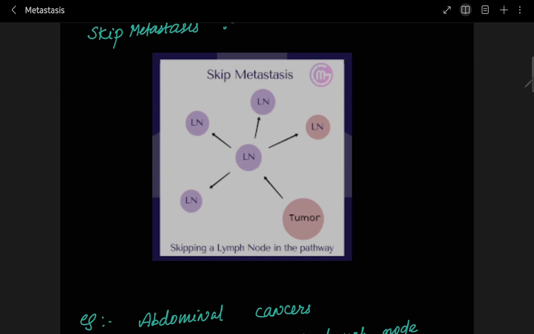So this is the first lymph node that is receiving the flow from the primary tumor. This will be termed as a sentinel lymph node.